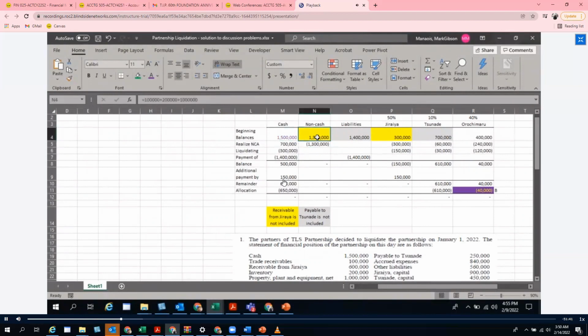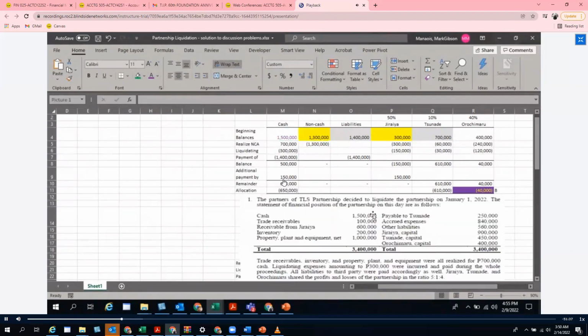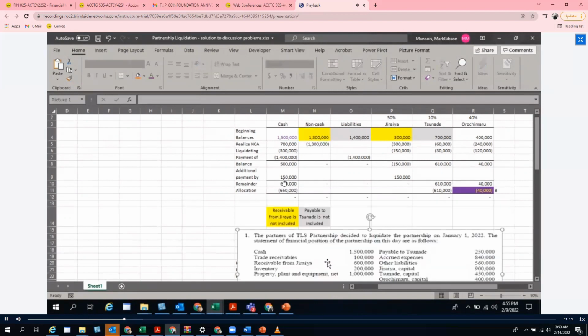Then for the non-cash asset, paano natin na-compute to? It's basically all of the assets, no, aside from the cash, except yung receivable from Jiraiya. So it's 100,000 trade receivable plus the inventory of 200,000 plus the PPE of 1 million. So the total is 1,300,000.